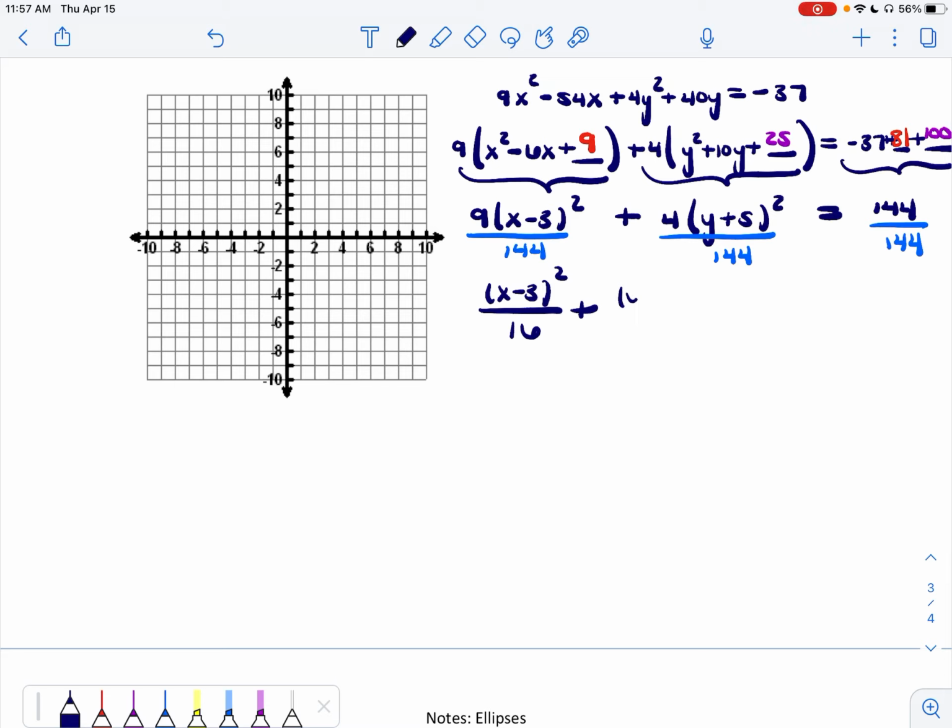So that's going to be y plus 5 quantity squared divided by 36. And that is now equal to 1. Okay. All right, and then once we get it in standard form, then you're just going to go through the process like we've done with all the others, figure out whether your major axis is horizontal or vertical, find your center, your vertices, your minor axis points, and your foci.